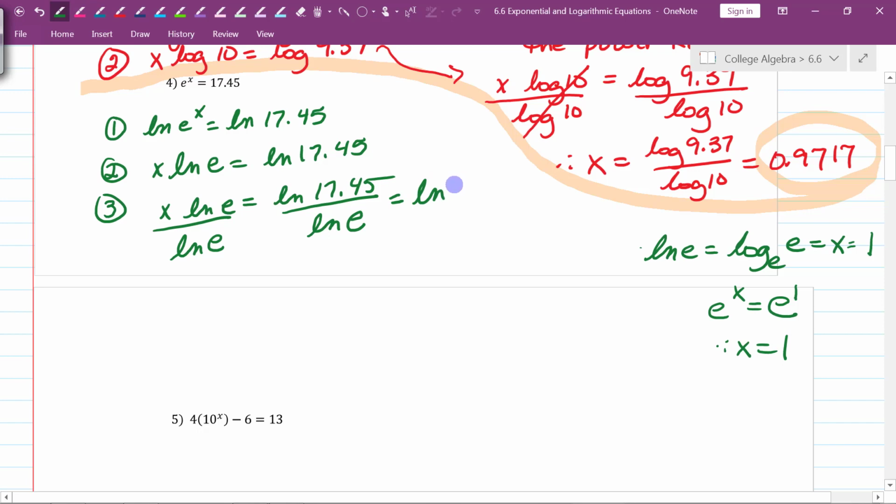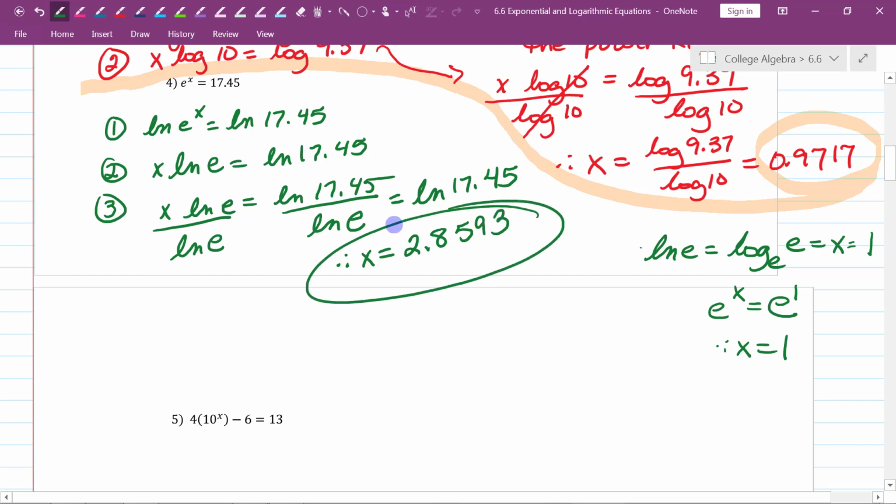So this is equal to the log of 17.45. Therefore, x is going to be equal to, get out your calculators, punch it in. Punch in 17.45, take the log of it, and you should see that it equals something around 2.8593 right there.